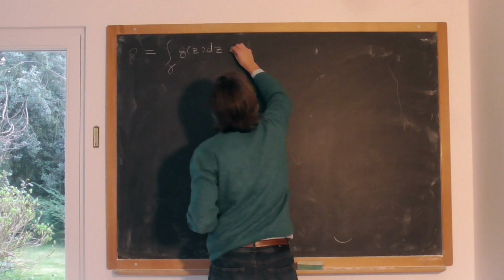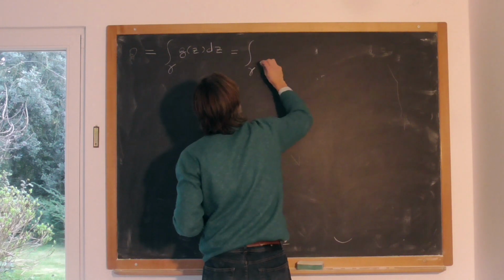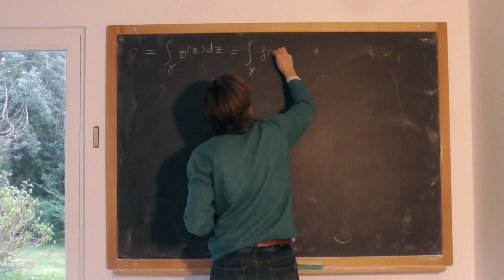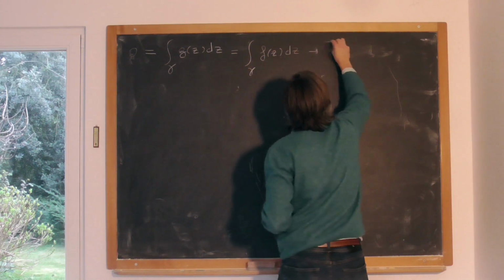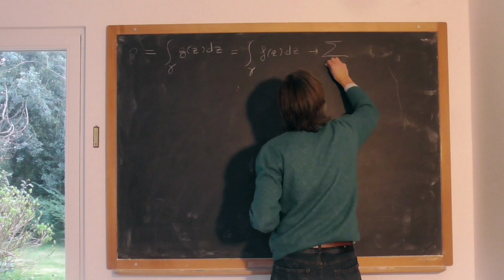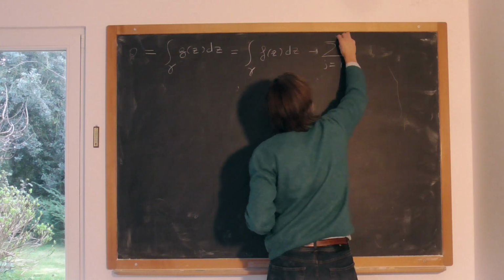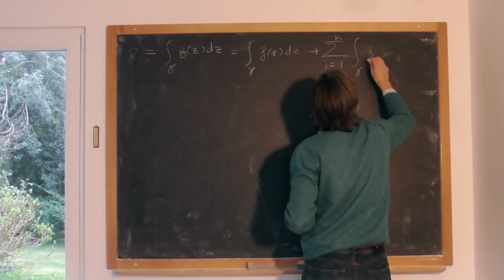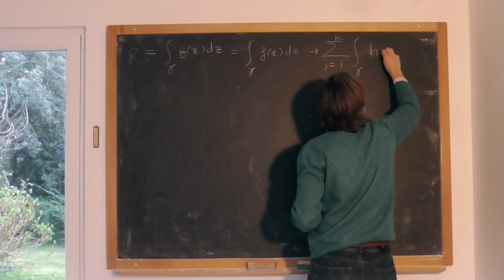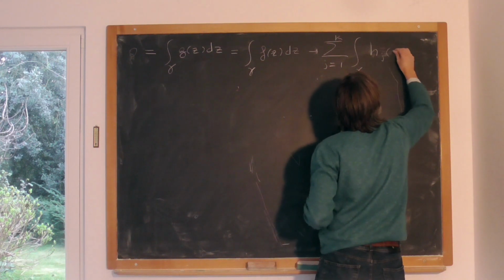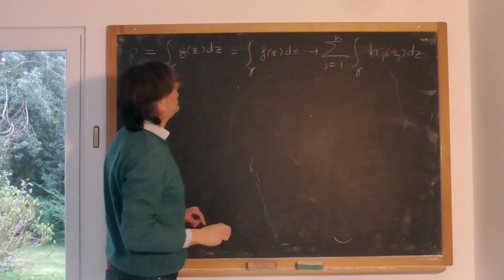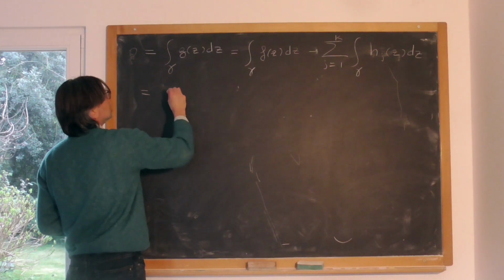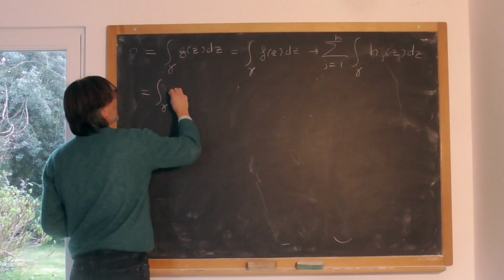But this integral is also the integral over gamma of F(z) dz, minus the sum j goes from 1 to k, integral over gamma of Hj(z) dz. What is this?